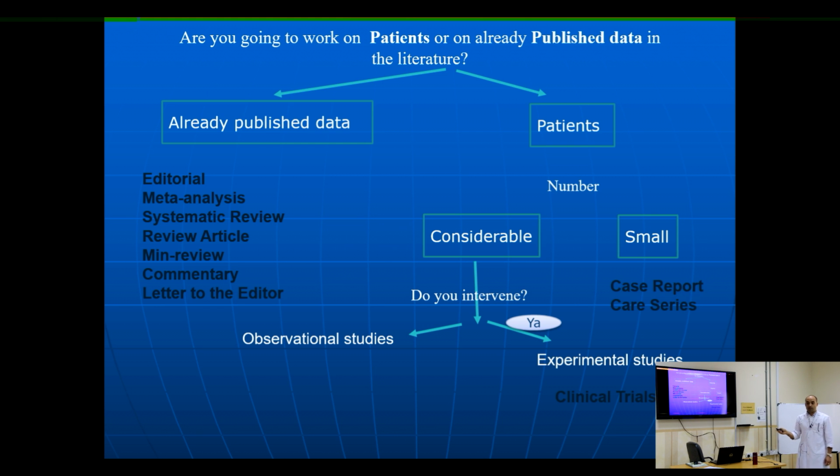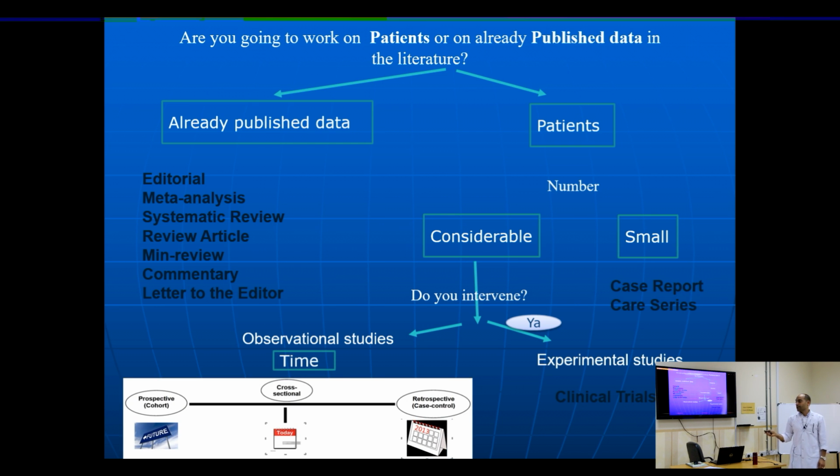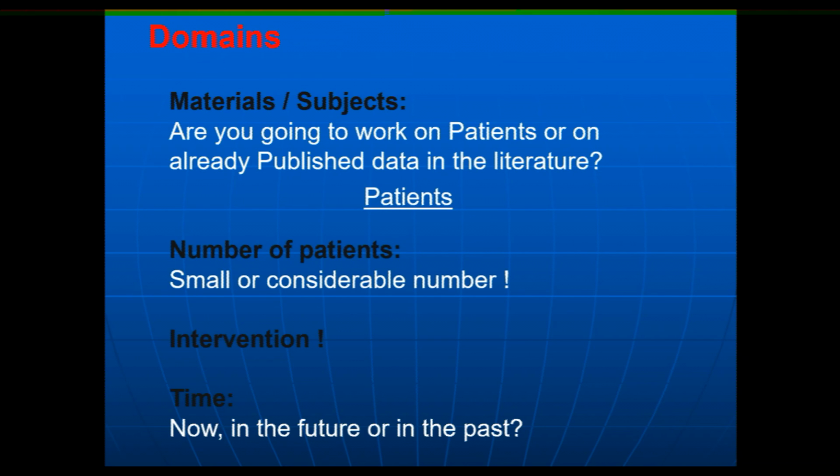If it's observational, no intervention, it will be time. So at the end, please remember the 4 domains that determine the type of the study. The main domain is the materials or the subjects. Either you are going to work on already published data or patients. If you're going to work on patients, the following are the domains: the number of patients, intervention, and time.